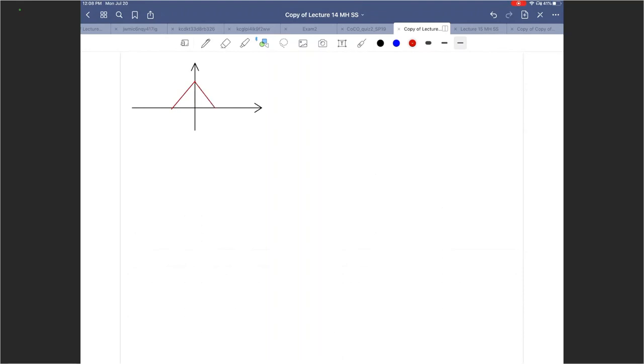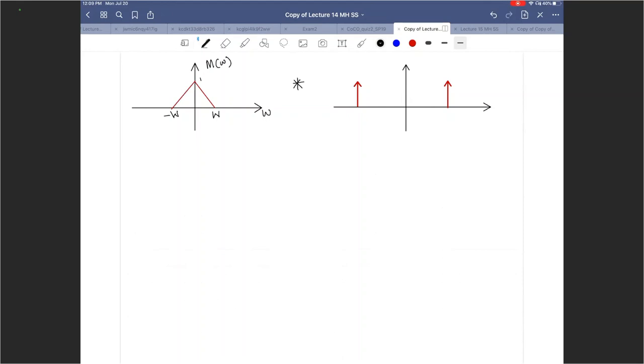When we convolve this with two impulses, this was W, this was minus W, and this was 1, and this was M of omega, and this was omega.